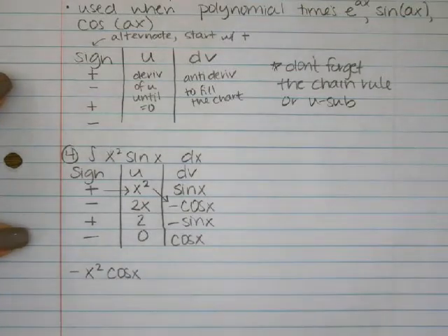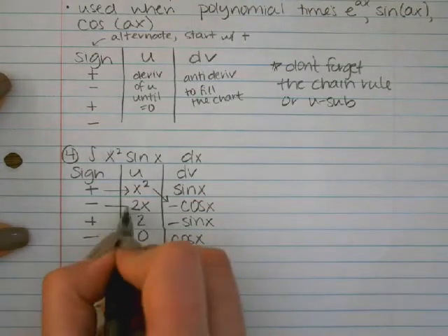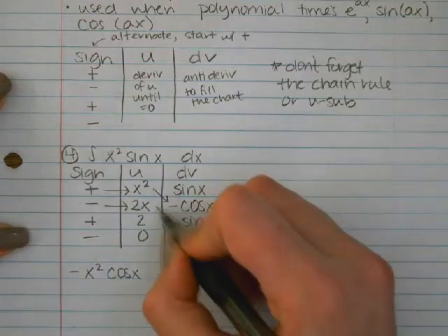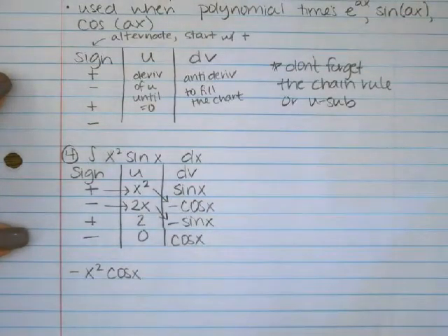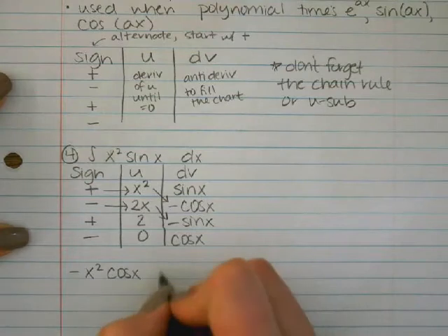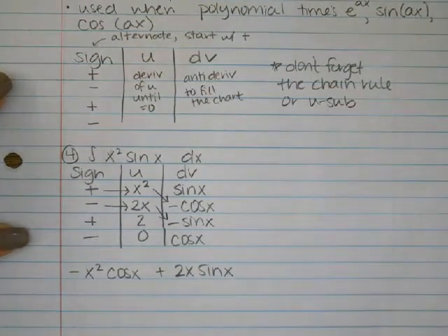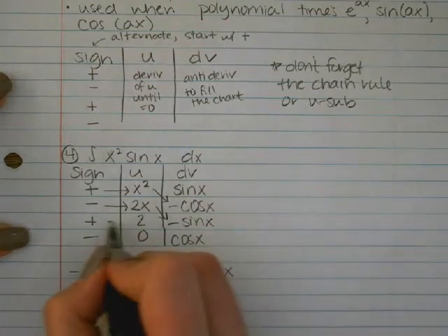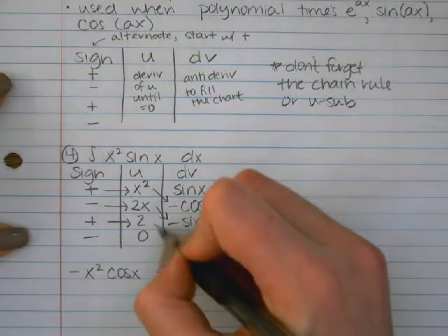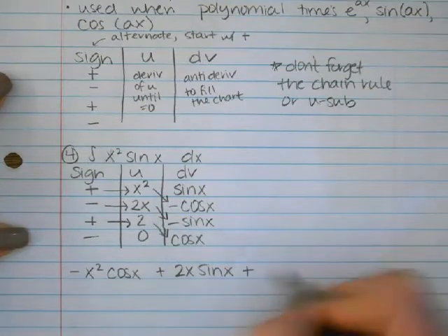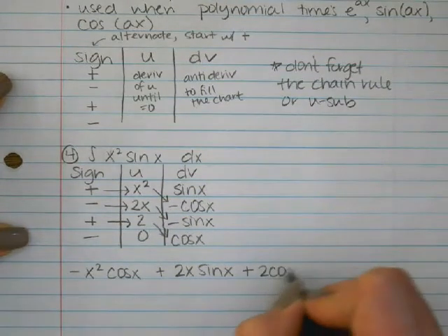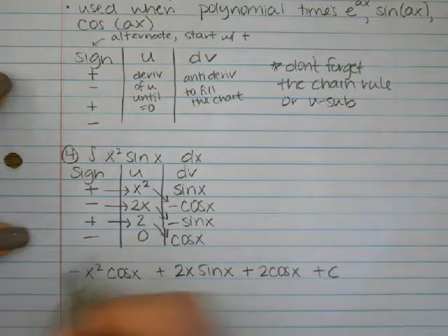Okay? Then I do the next one. Negative 2x times negative sine x. Positive 2x sine x. Okay? And then I've got positive 2 times positive cos. Put a plus c on the end, and I'm done.